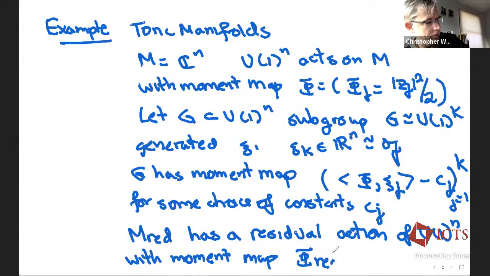Let's call this moment map that we get on the reduced space phi_red.